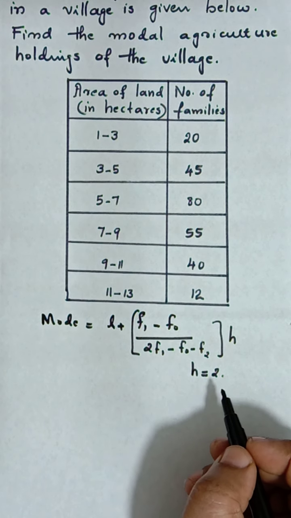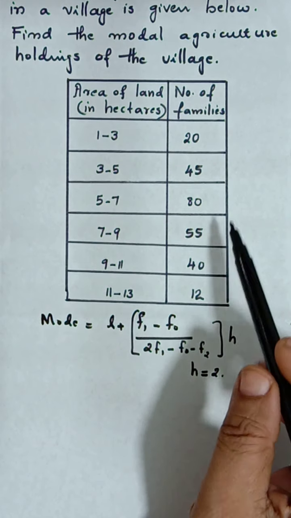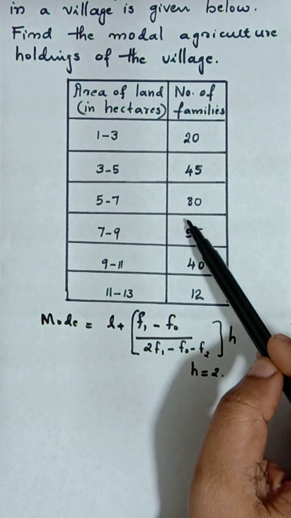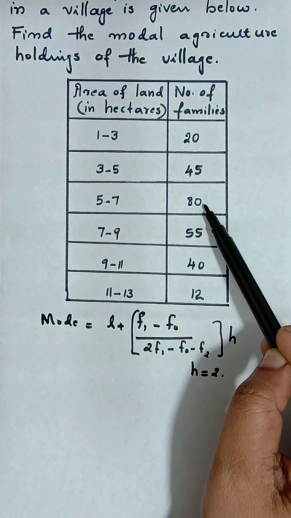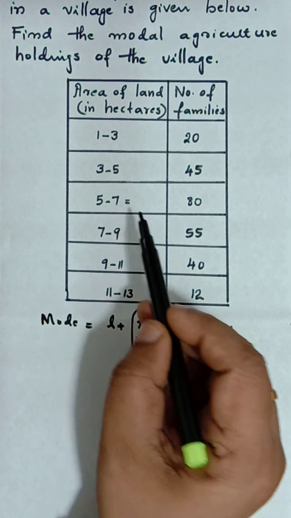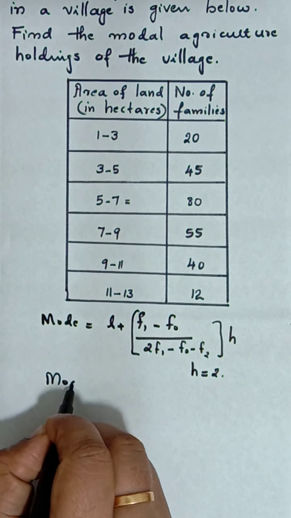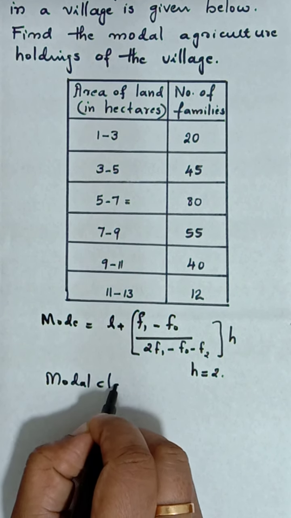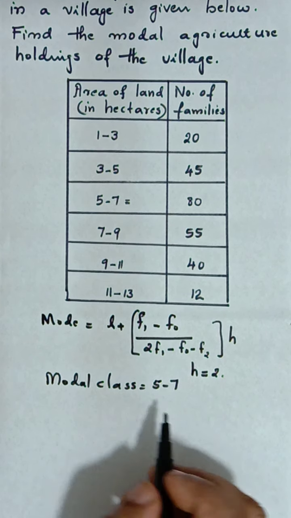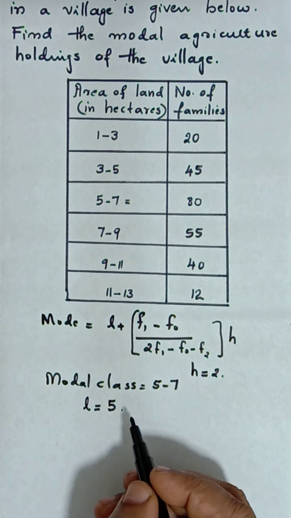Now the lower limit of the modal class. How to choose the modal class? You have to see the frequencies, the highest frequency. Which is the highest frequency among these? Isn't it 80? So the highest frequency class is the modal class, 5 to 7. Therefore, the lower limit of the modal class is 5.